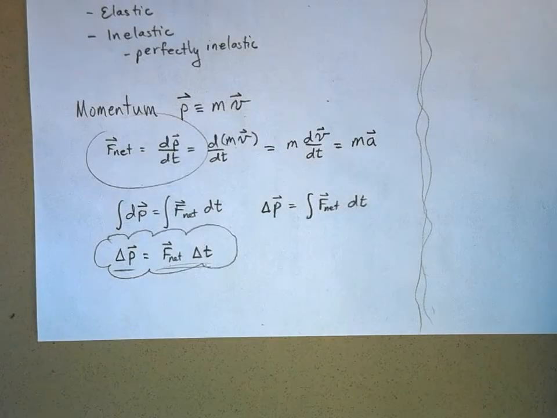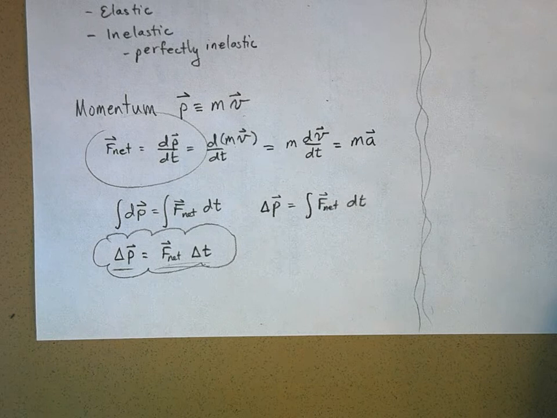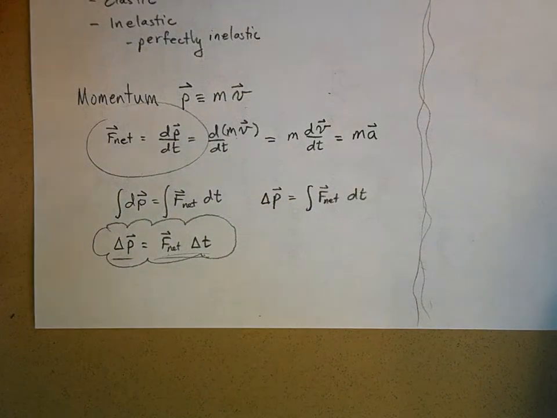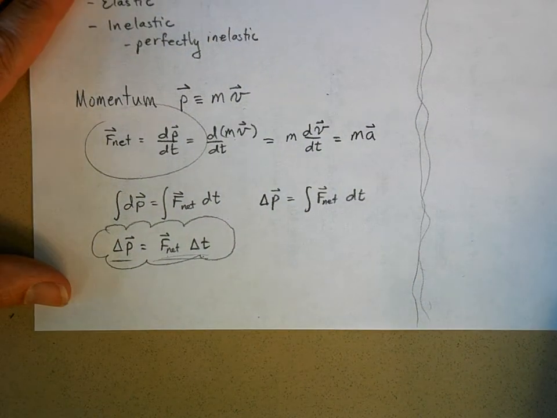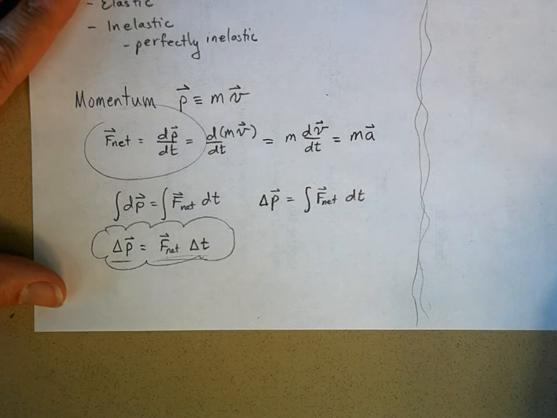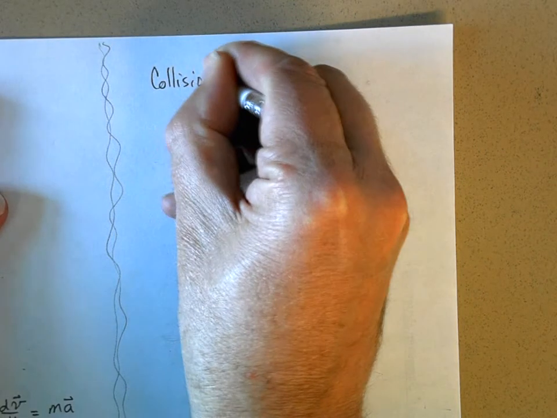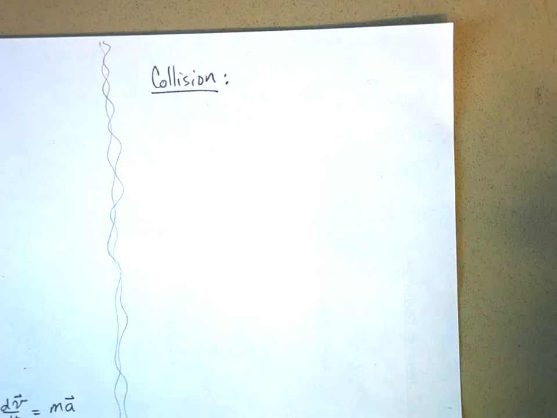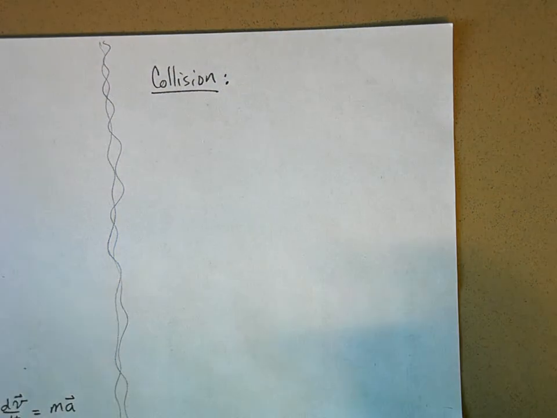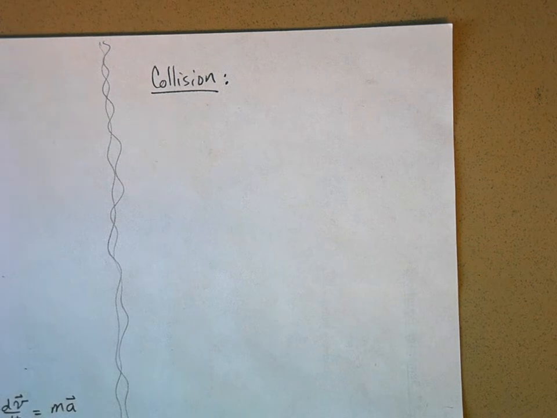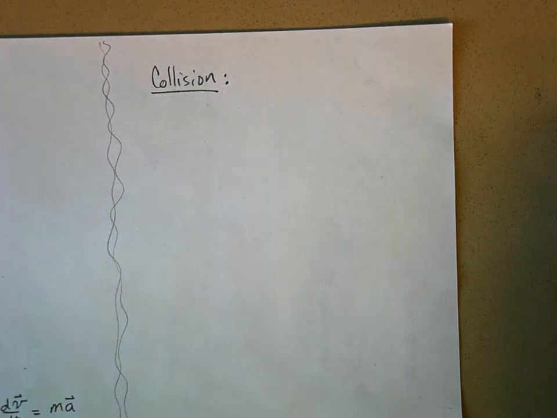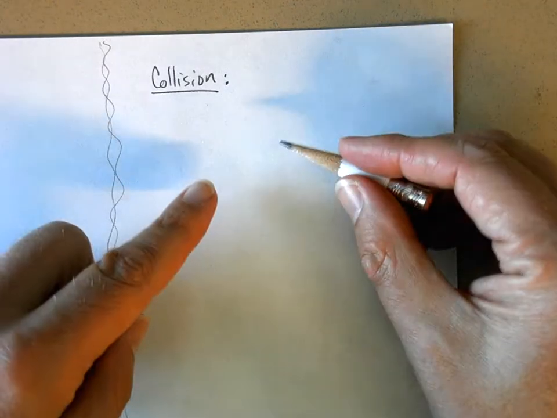So now we're going to apply this to a situation that many of you have experienced in life, maybe out there in the parking lot even, and those are collisions. So let's talk about collisions. Now we're going to restrict this to keep it simple. We're going to talk about two objects that are colliding, and what a collision is in physics is two particles come together, interact with some force, and then fly apart.